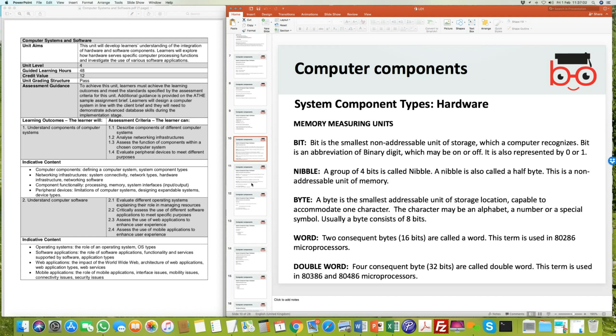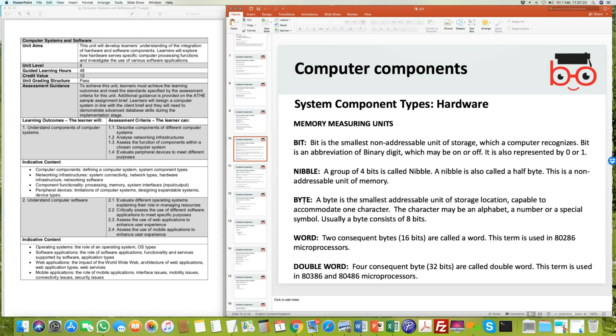It then led to the evolution of the byte, something called a word, and a double word. As the number of sets of instructions which could be stored on the PC or the computer system increased, the measuring unit for memory also increased and evolved over the years.